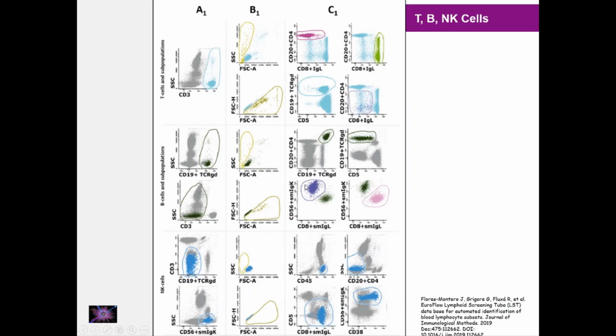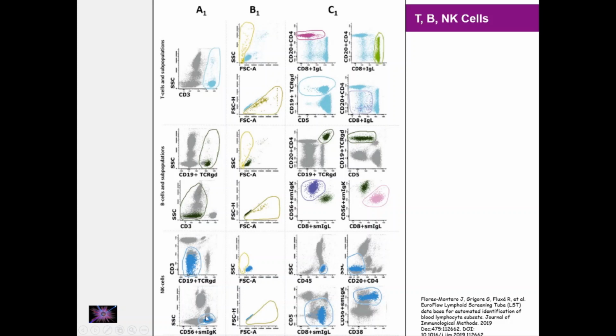Looking into the light chain expression, then they identified the kappa light chains and the lambda light chains. Moving to the NK cells, they had to be, of course, CD3, CD19 and gamma delta negative.